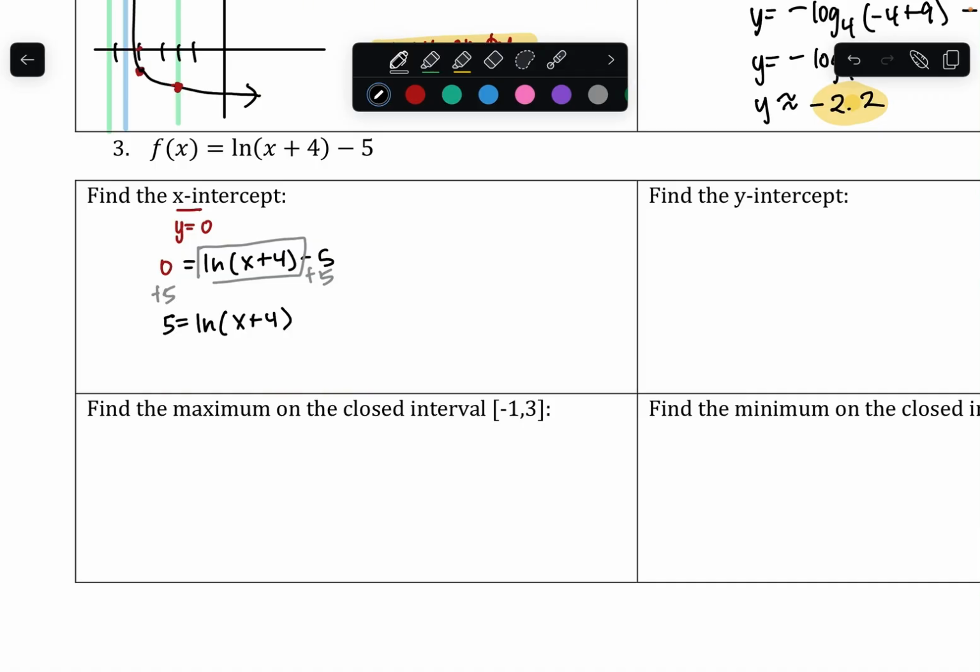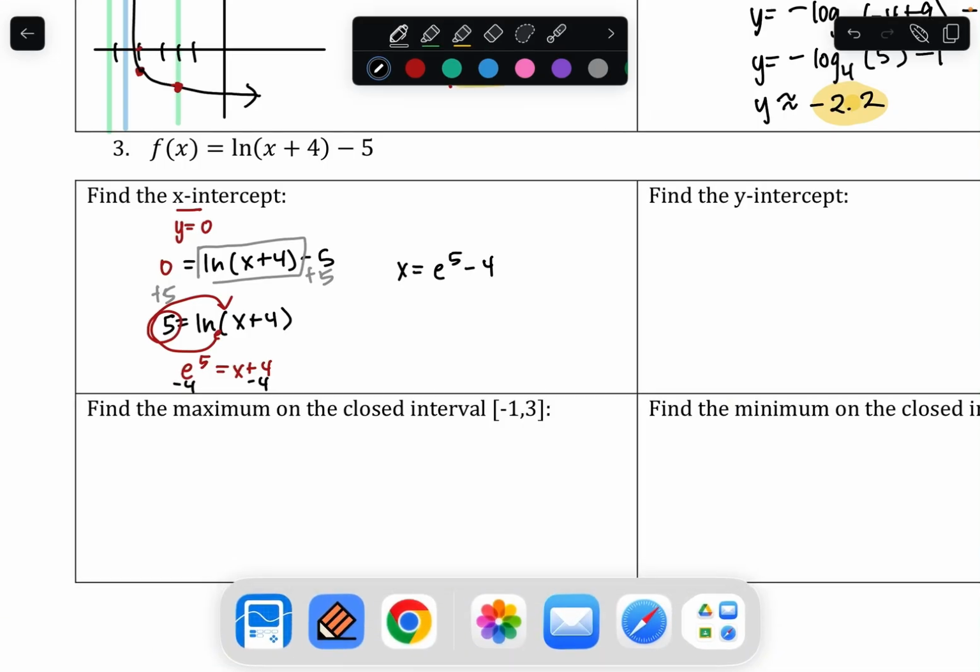So remember, for natural log, our base is e. And so e to the 5th power equals x plus 4. So last step, we just need to subtract 4 from both sides. And so x equals e to the 5th minus 4. They want the decimal approximation.